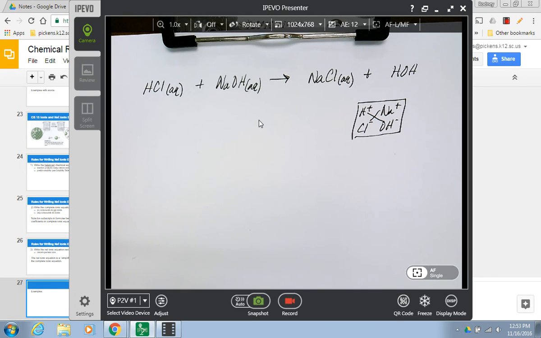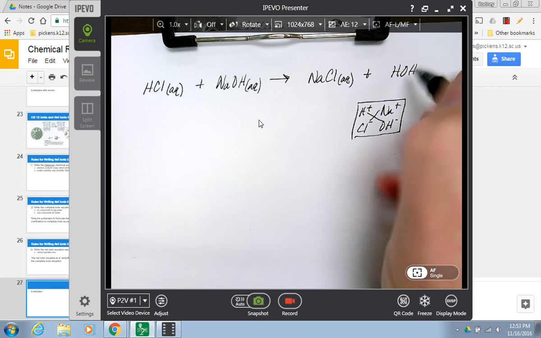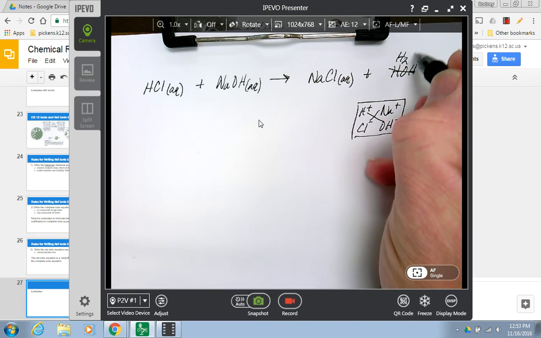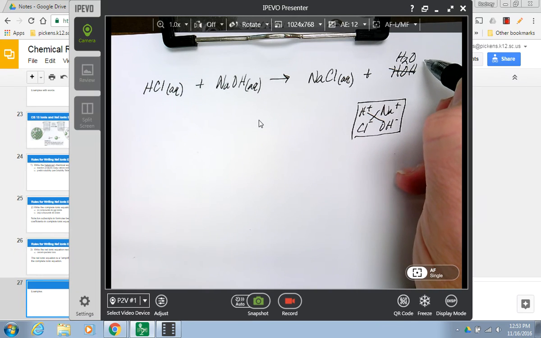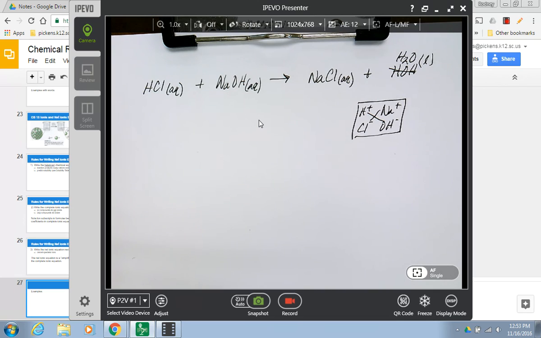That could be written down as just plain H2O, okay? So you could write it like that, which would be fine, which most of the time that's what you're going to see. You got HOH, hydrogen hydroxide. Well, that is water. And water at room temperature is what state? Yep, it's a liquid. So we're going to put a little L beside that one.